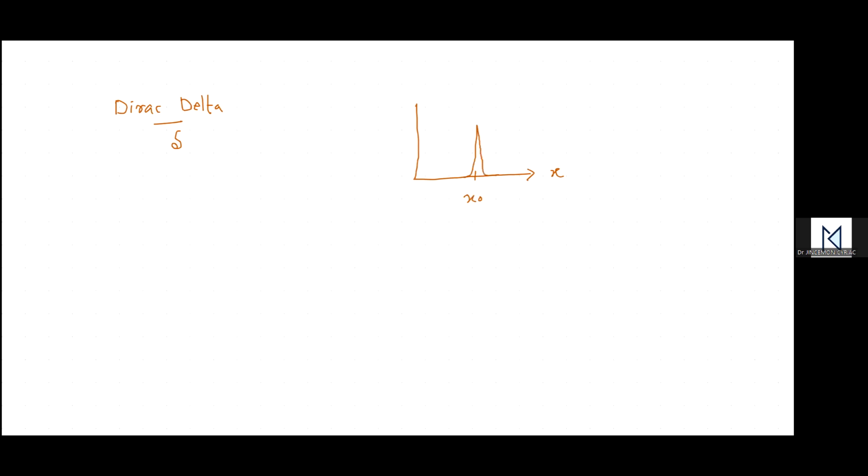Only at this point, when x equals x0, does the delta of x minus x0 have a value. At all other points, if x is not equal to x0, the value should be 0. Or we can write that it is taken as infinity only when x equals x0.